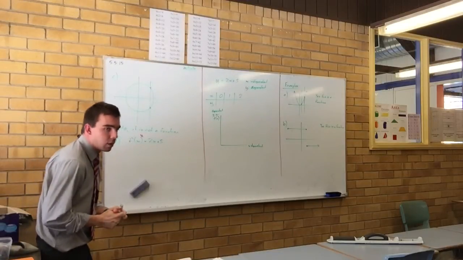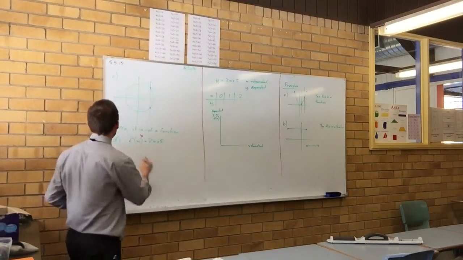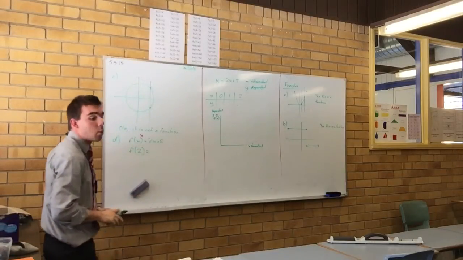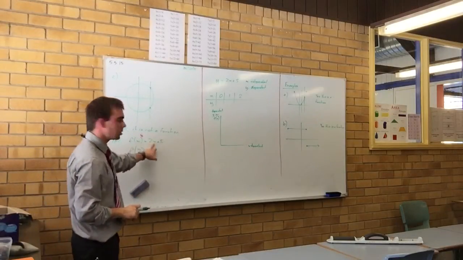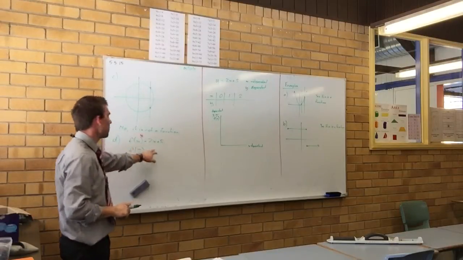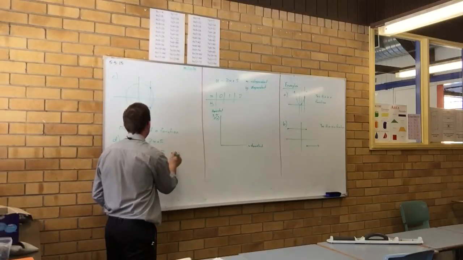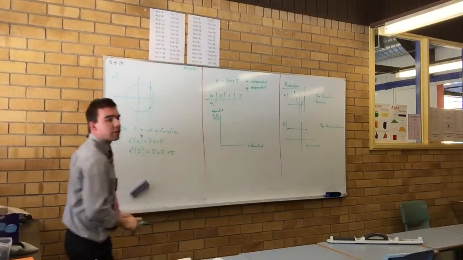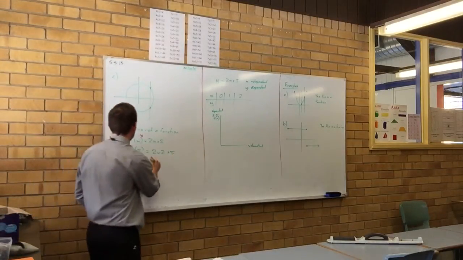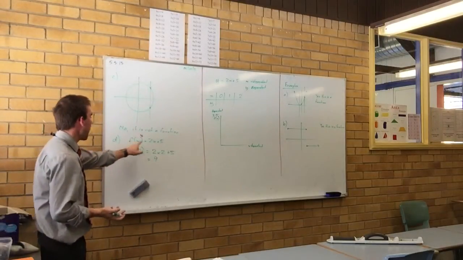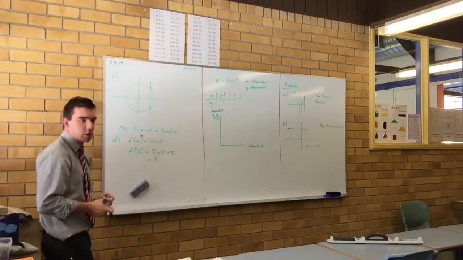The question says, find f of 2. Every time there's an x in this equation, you replace it with a 2. So it'll be 2 times 2 plus 5, 9. Like a table of values, when x is 2, the y value is 9.